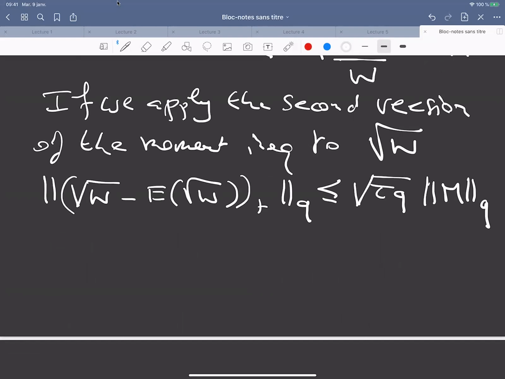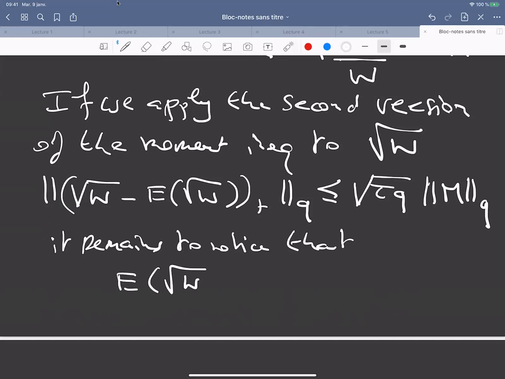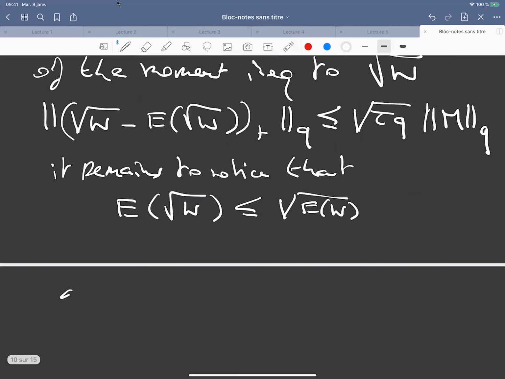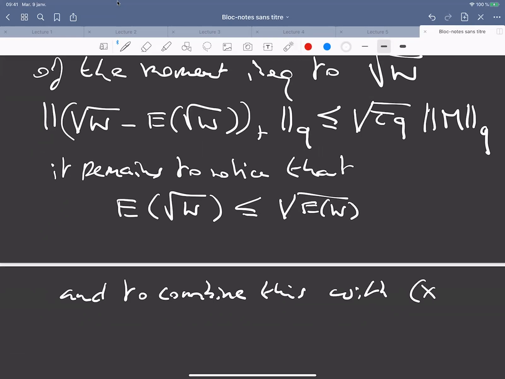So now the proof is almost done. It remains to notice that the expectation of W is less than the square root of the expectation of W, and to combine the above inequality with star.